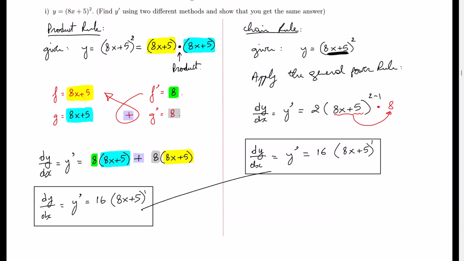You can see that the two answers are exactly the same, but one method is a lot better, and the method that's a lot better is the chain rule in this case. It's good to realize that, because you can save yourself a lot of time on exams and tests and get the answer much faster using the chain rule.